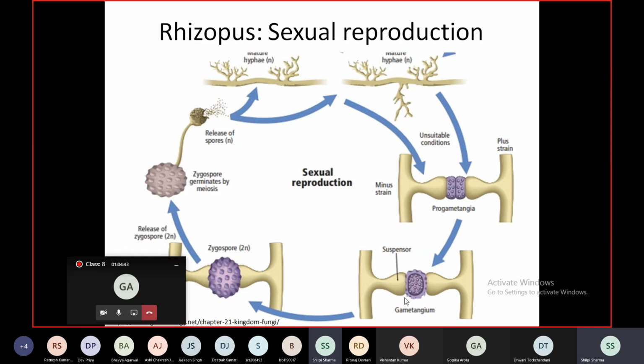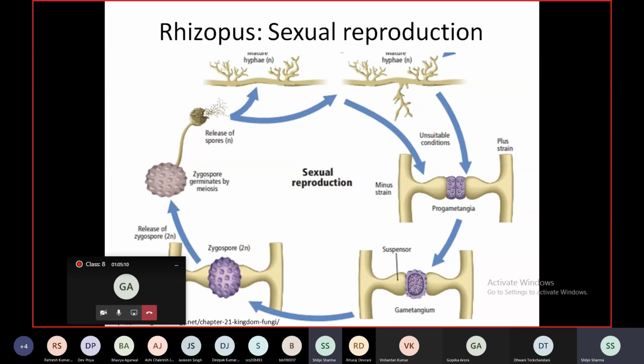Now inside the gametangium, it's called a gametangium when you have fusion of the two nuclei to form a 2n zygote. Then the wall of the zygosporangium thickens and forms the characteristic zygospore. Now zygospore, मैंने कहा कि ये adverse conditions में form करता है, तो zygospore is actually a resting state which can stay so for months together.